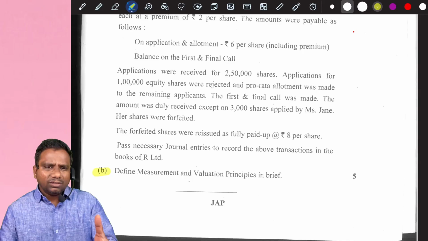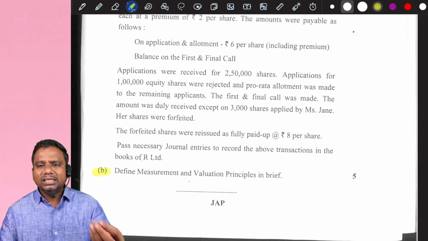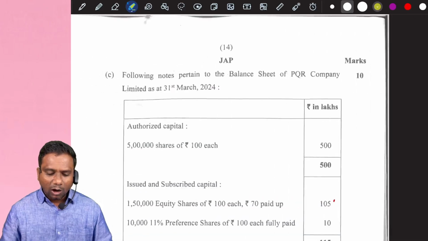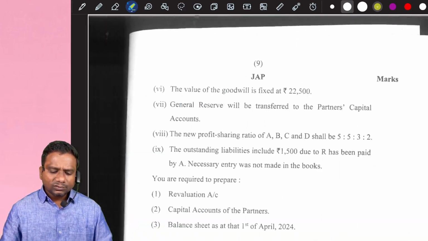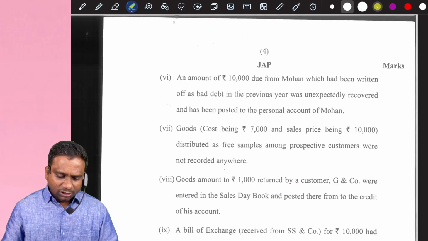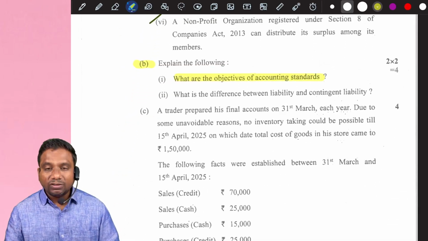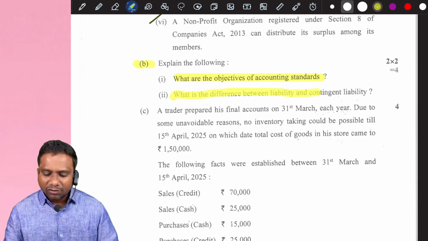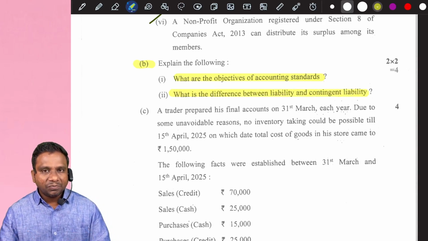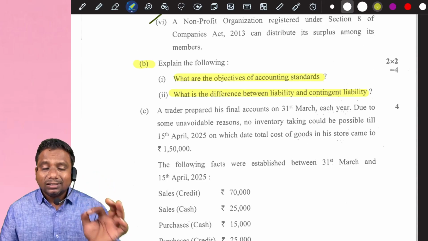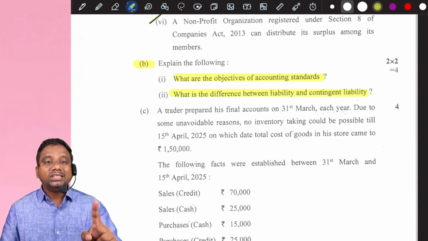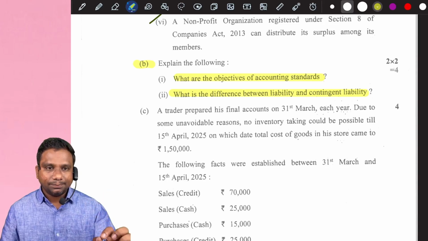If you are a theory lover, or if you can easily answer theory questions, then how to present a theory question? Suppose the question asks what are the objectives of accounting standards and what is the difference between liability and contingent liability. Here, if the answer is only two lines, you just write two lines, the correct answer.